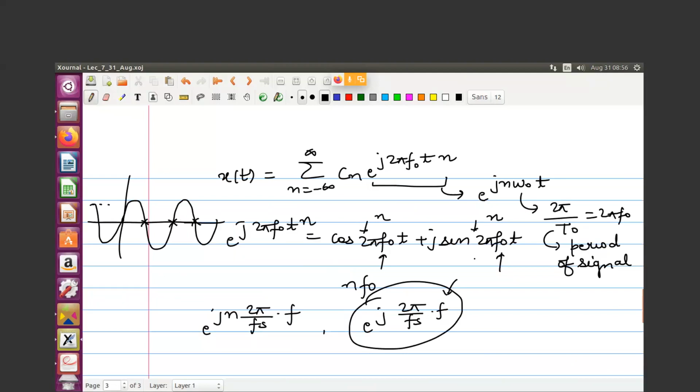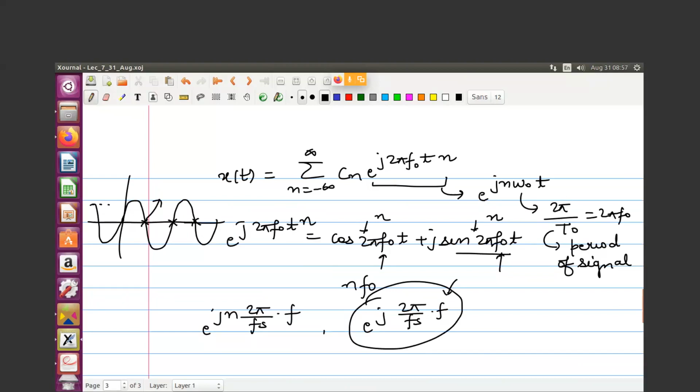But if I consider sine of 2 pi f naught, where the frequency is f naught, it means this many cycles in a second. So you will have these crossings in terms of f naught, or in terms of 2 pi by t naught.